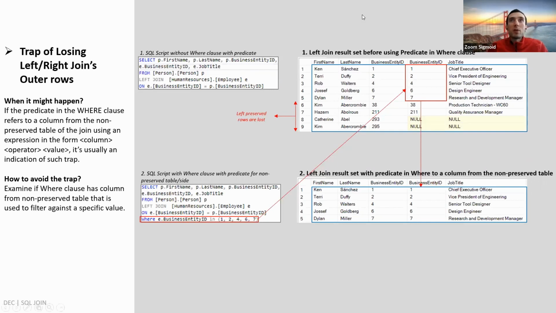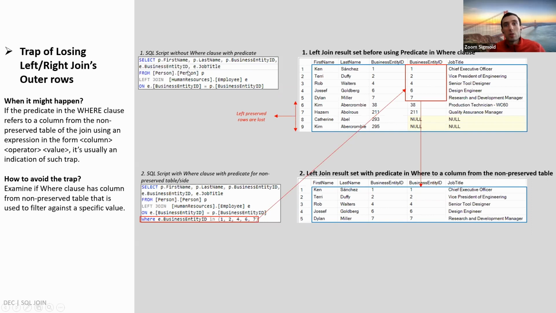So we have a left join result here, and this is the script for this left join. And you can see that we have two tables, person table and employee table.